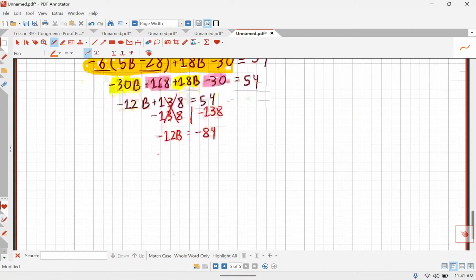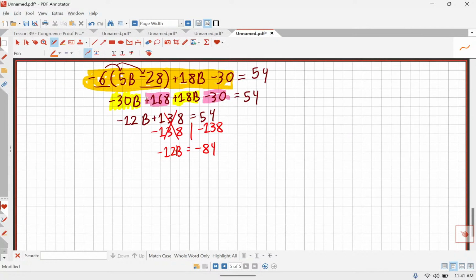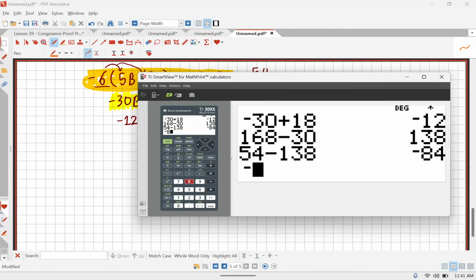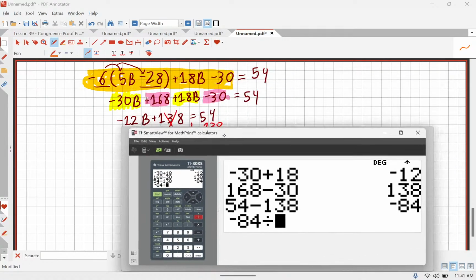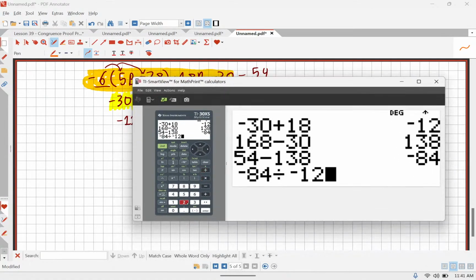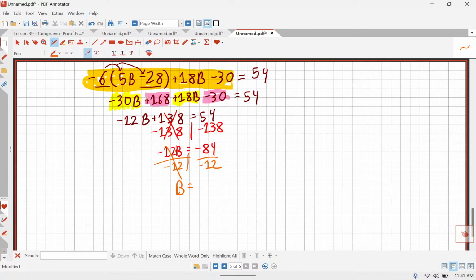There's a secret multiply. So I'm going to divide both sides by -12. And let's see what I get. b equals -84 divided by, is it -12? Yes. -12, 7. Oh, there you go, exactly.